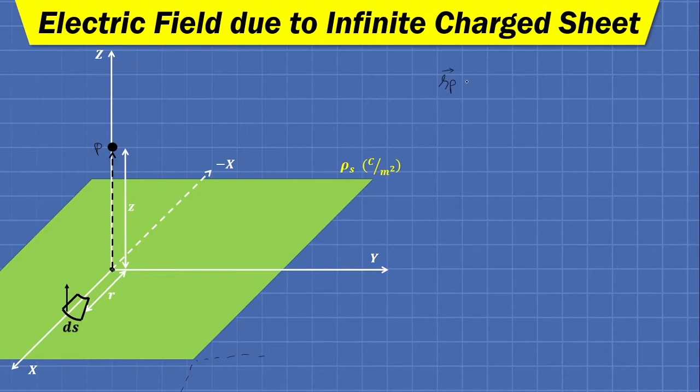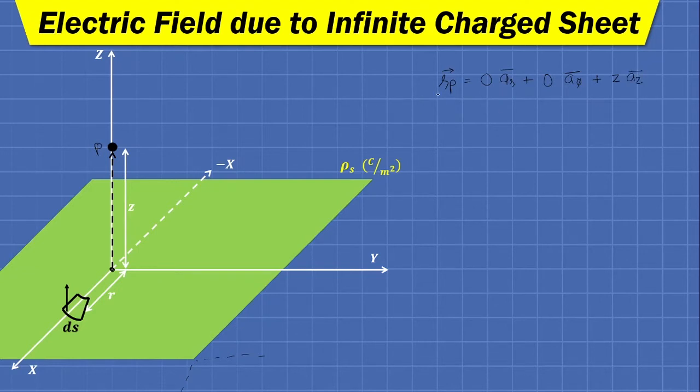Position vector of point P in cylindrical coordinate system can be represented as, so as you can see, the point P is on z-axis, so the r coordinate will be 0, so we can write 0 ar bar. It is not making any angle with x-axis, so again phi coordinate will also be 0, so 0 a phi bar, and it is at the distance small z on z axis, so z component will be z az bar.